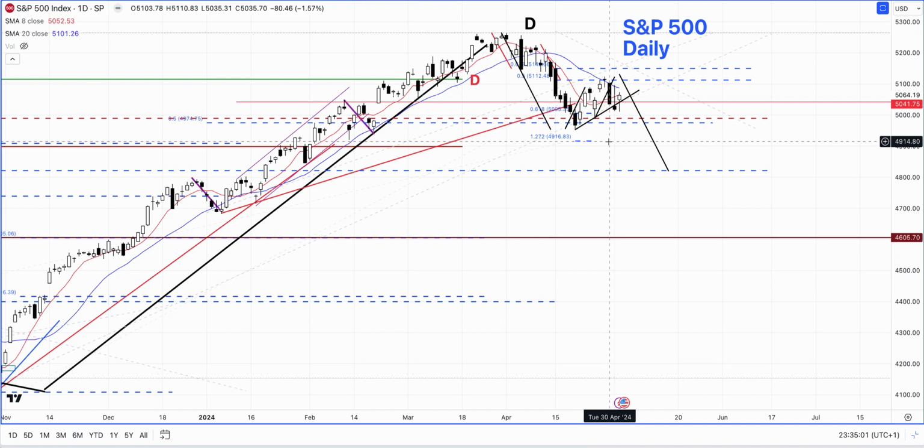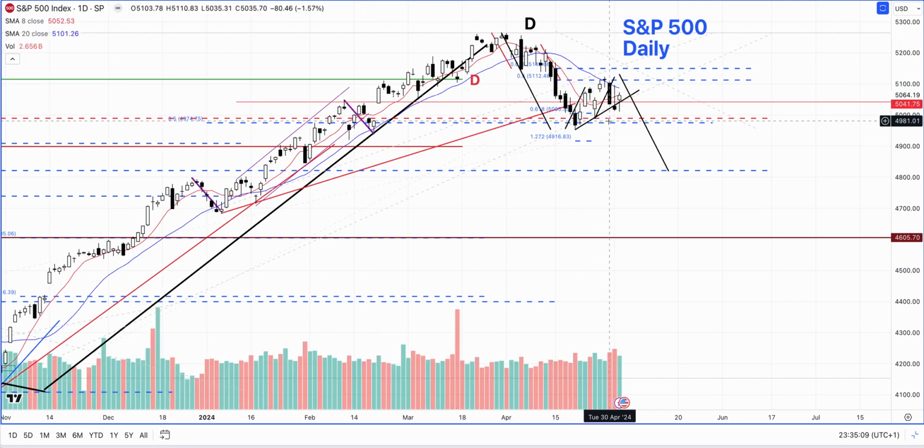Now, when this day happened on the 30th of April, we were looking at a possibility by taking a look at the volume. Let me bring it back, whether this might just be a gap fill. But the volume on this down move was actually higher than this. This is the gap day when the gap happened.